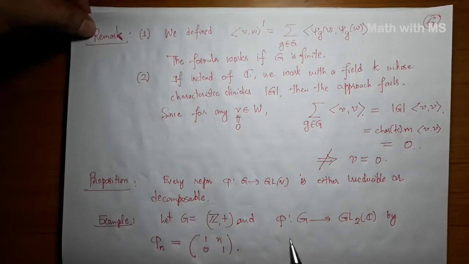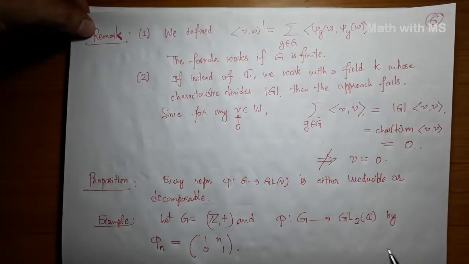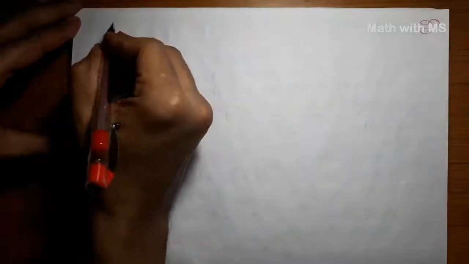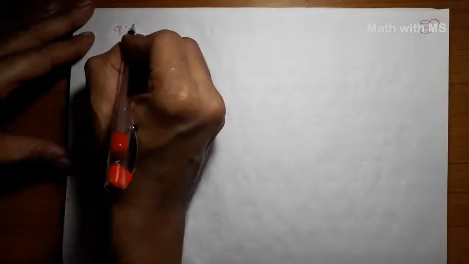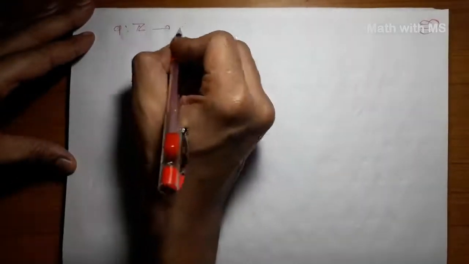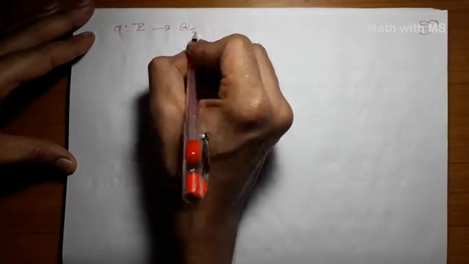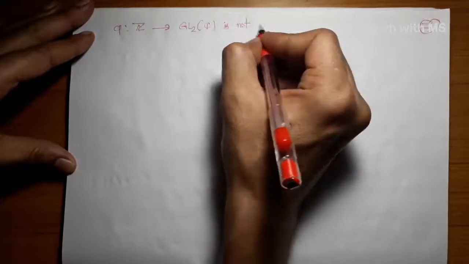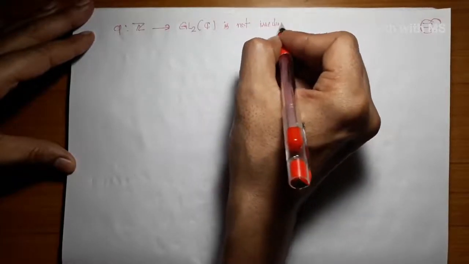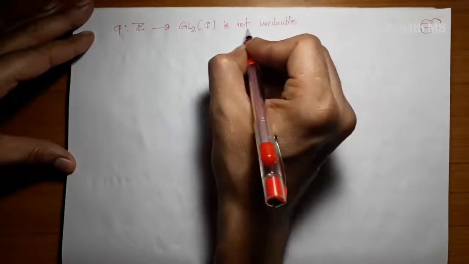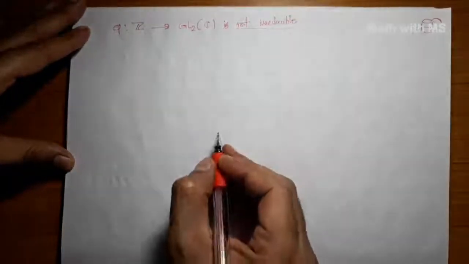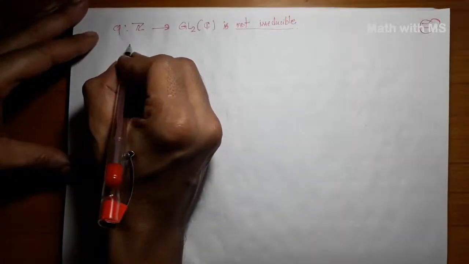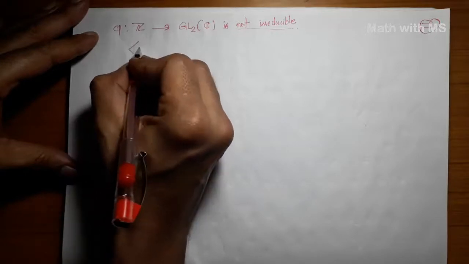But I will convince you that this representation is neither irreducible nor decomposable. So the representation phi from the integers to GL2(C) is not irreducible. Why is it not irreducible? Let me give a G-invariant subspace. Take the subspace spanned by e1.